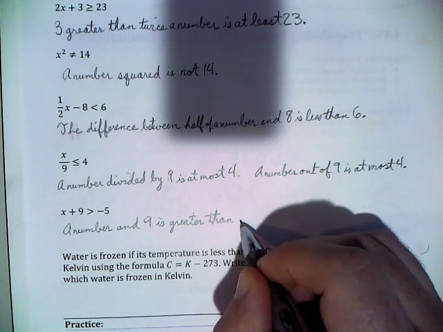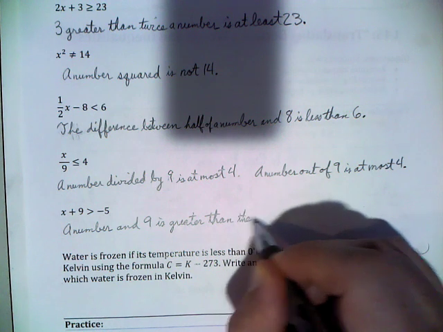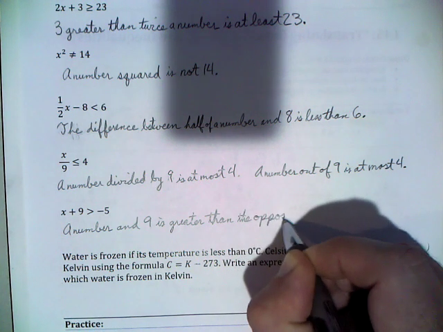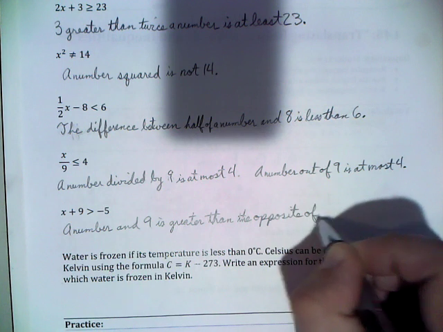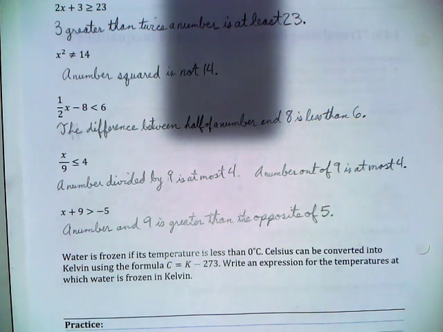So it's possible that we could come across something that says greater than the opposite of 5. Because the opposite of 5 would obviously then be negative 5. So do you necessarily have to say the opposite of 5? No, but it's just an option.